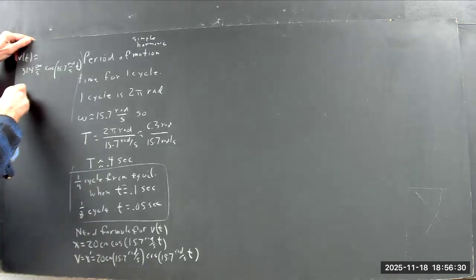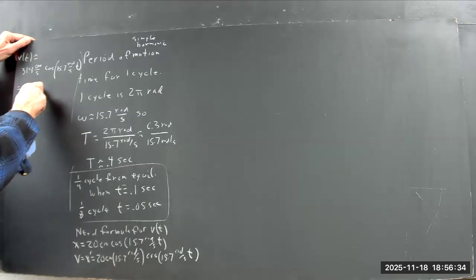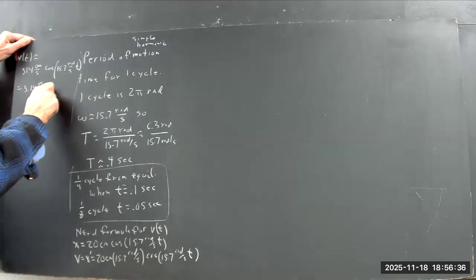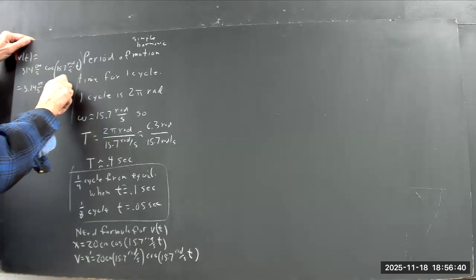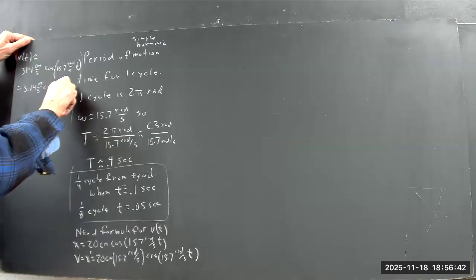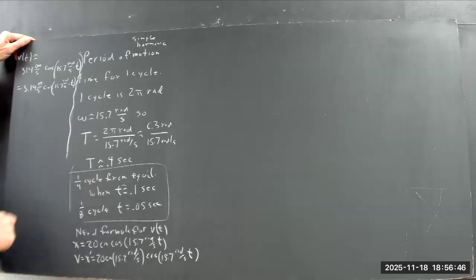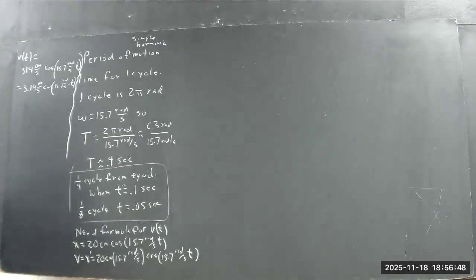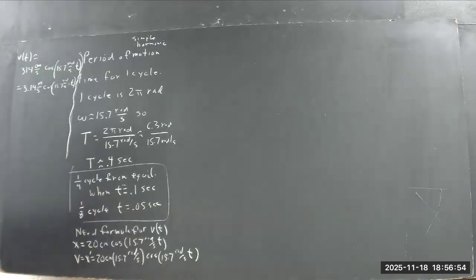Or, if we wish, 3.14 meters per second times the cosine of 15.7 radians per second times t. All right, well now, all I gotta do is plug in t equals 0.1 second, t equals 0.05 second, and you get a result.